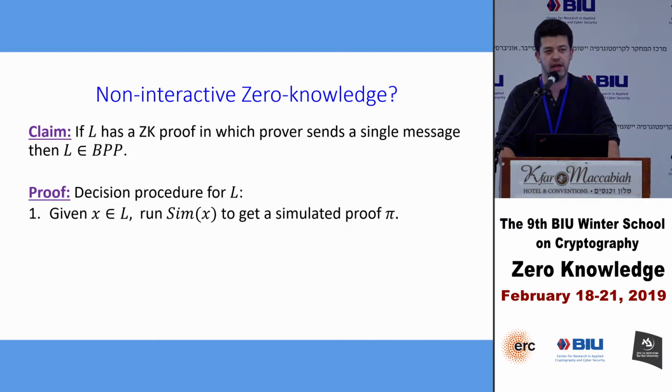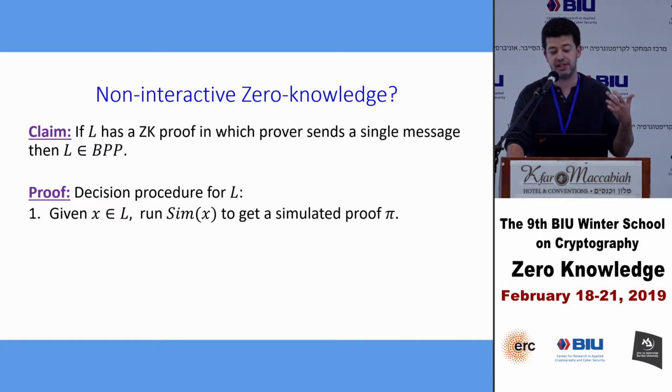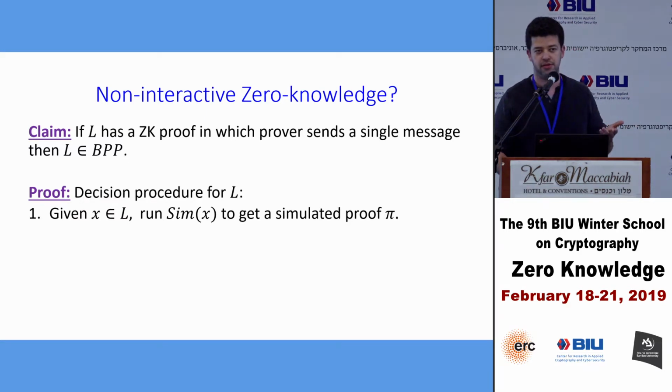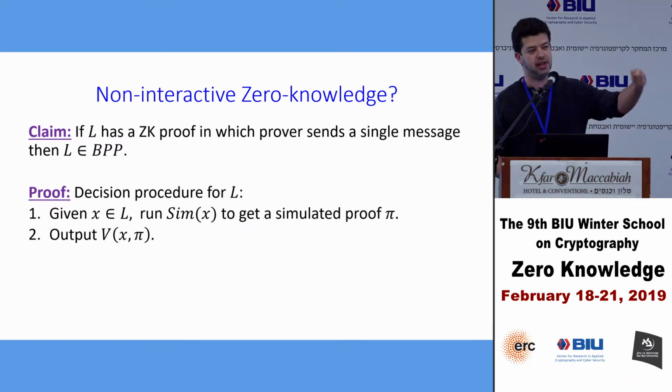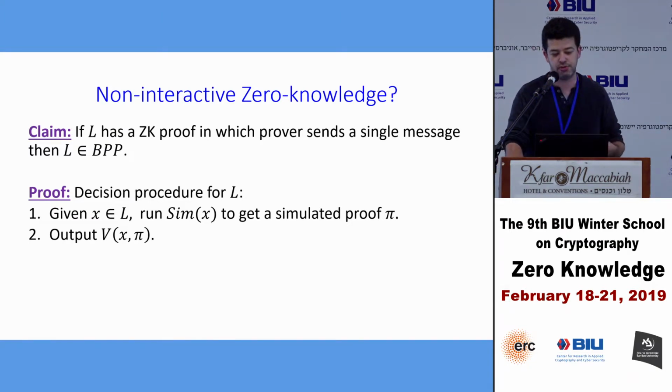I'm describing a BPP decision procedure for deciding this language L. I'm given an input X. I run the simulator on this input X to get a simulated proof, pi, something that simulates what the prover would have sent. And now I simply run the verification algorithm on the input X and the proof that was generated by the simulation. So that's a decision procedure.